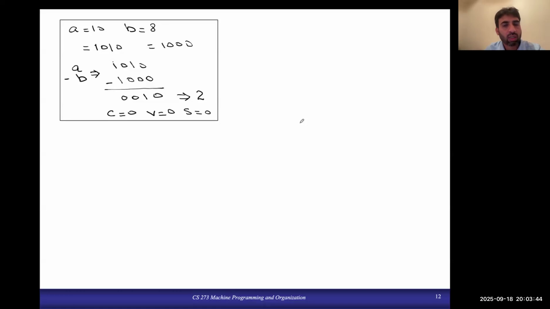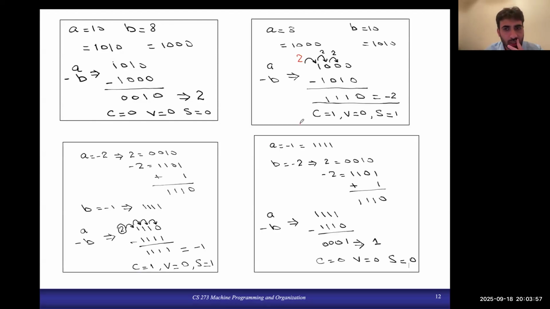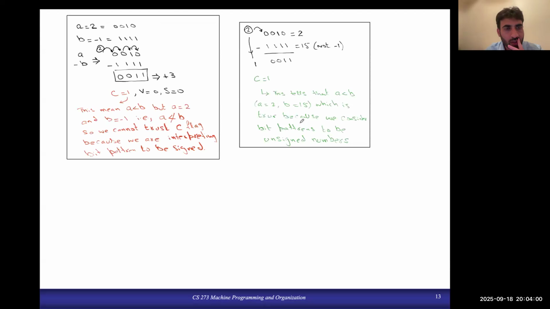You can go through the other ones on your own. I just included them in the slides, but I don't want to walk you through all of them because it will take time. We can go through the example where A is equal to 2 and B is equal to -1.